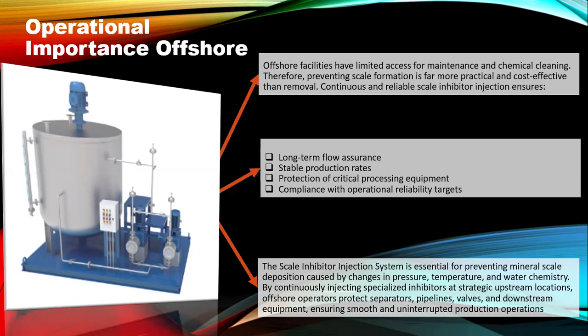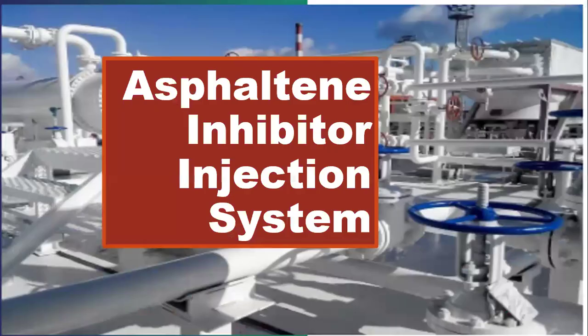The scale inhibitor injection system is essential for preventing mineral scales due to pressure, temperature, and water chemistry changes. By continuously injecting specialized inhibitors at strategic upstream locations, offshore operators protect separators, the pipelines, valves, and downstream equipment, ensuring smooth and uninterrupted production operations.